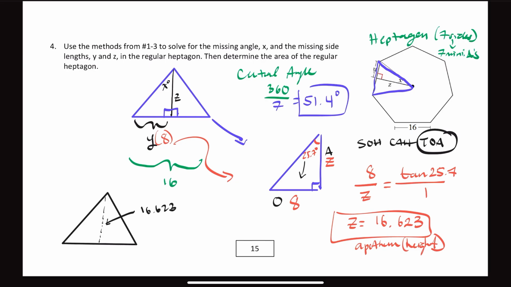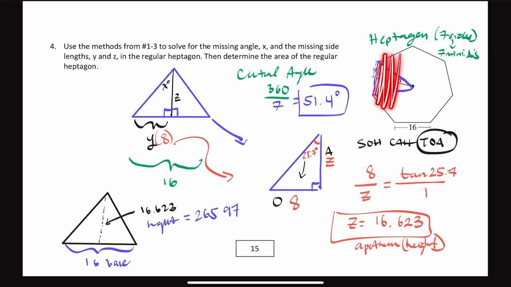And I know that the entire base has a value of 16. So there's my base, there's my height. Let's find the area of that. So base times height divided by 2. The full area of this entire triangle is going to be 265 point, let's call it 97.